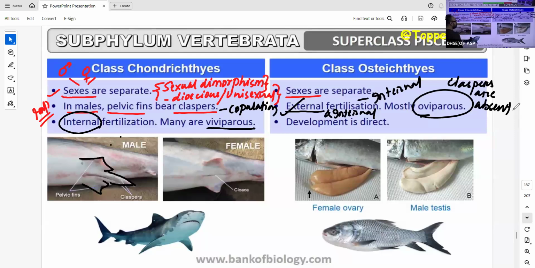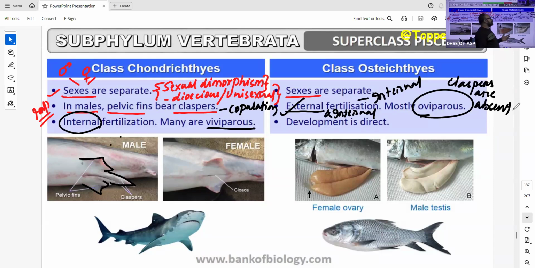Clear? So, as you can see, female ovary, male testis. When you go to the market, you would observe the fish eggs. That can be present in both males and females, but normally it is available in females. Why?